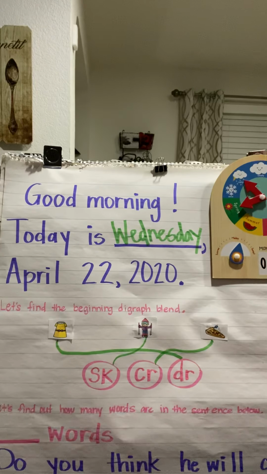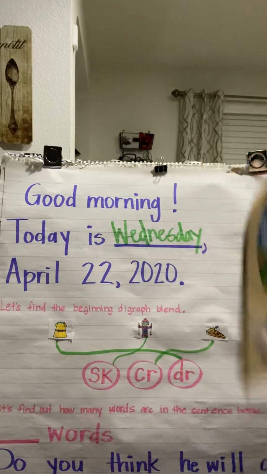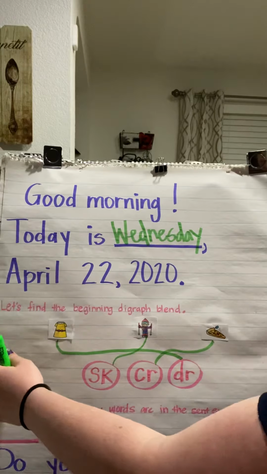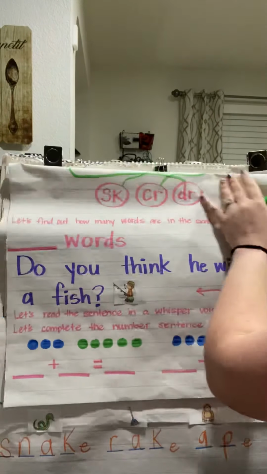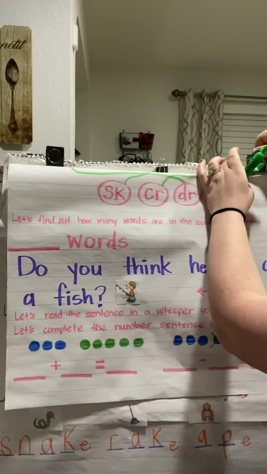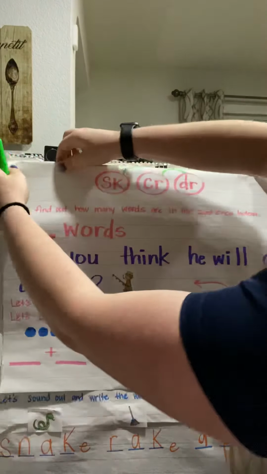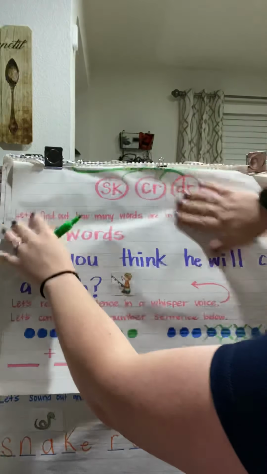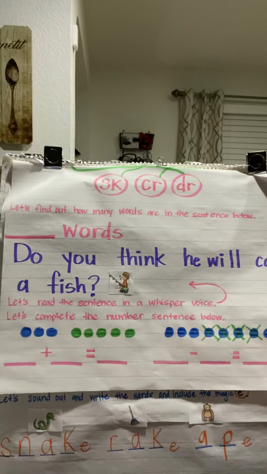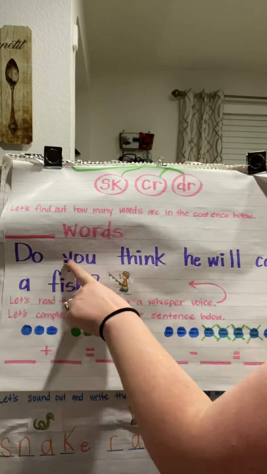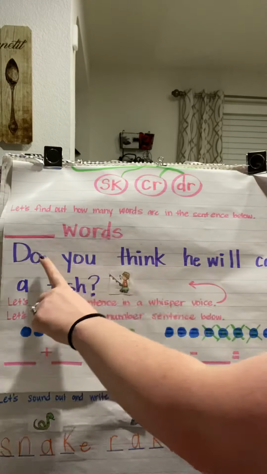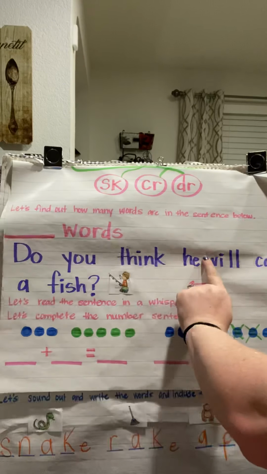The next one says, let's find out how many words are in the sentence below. So I'm going to pin this up so that we can see a little bit better. All right, so we're trying to find out how many words there are in a sentence, and we know that when we go through and we read the sentence, between each finger space is a word, right?